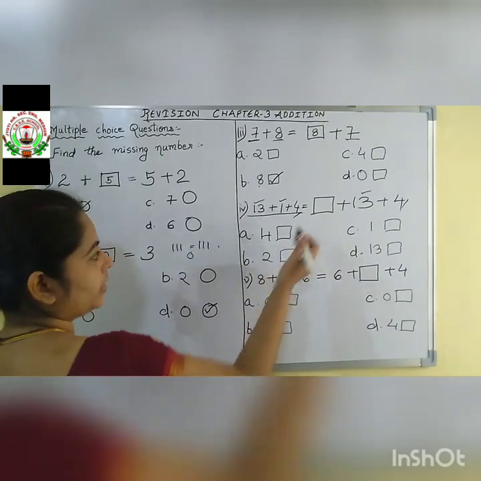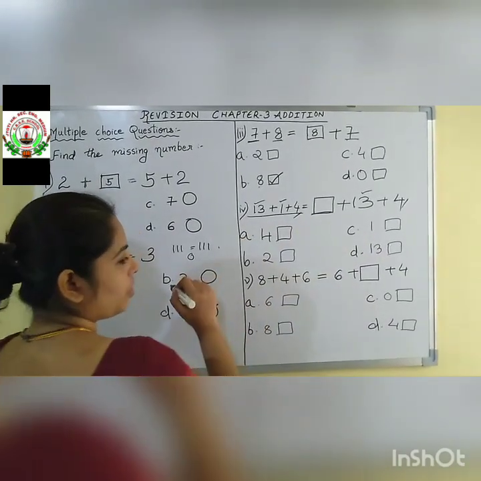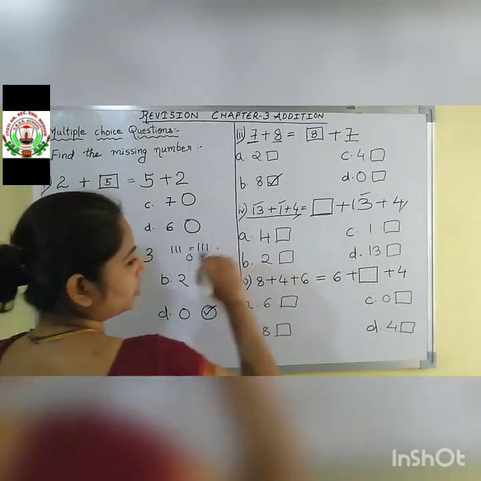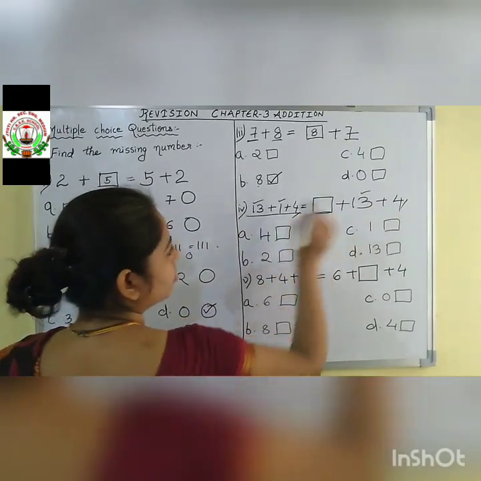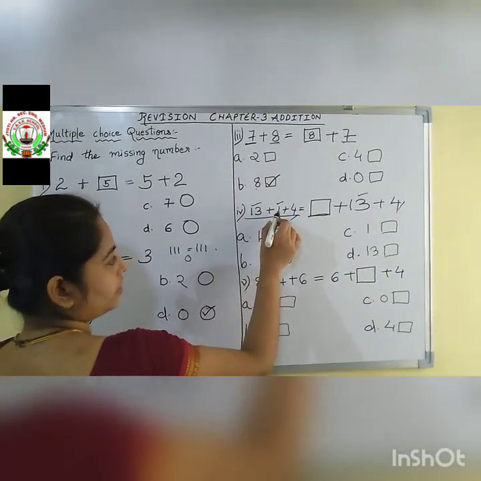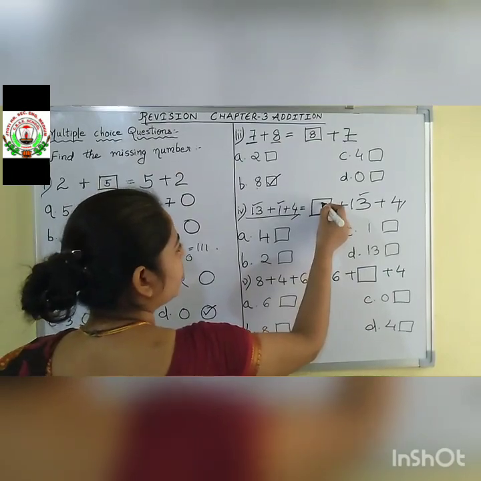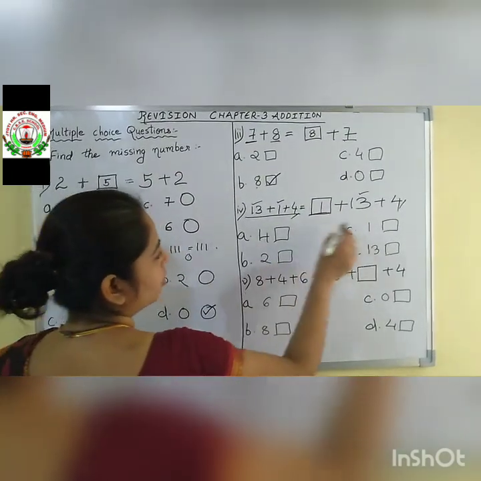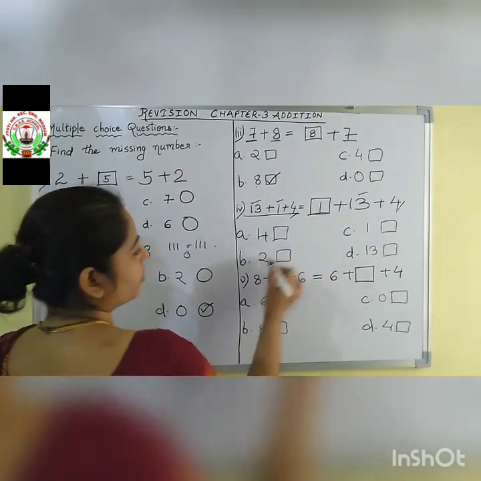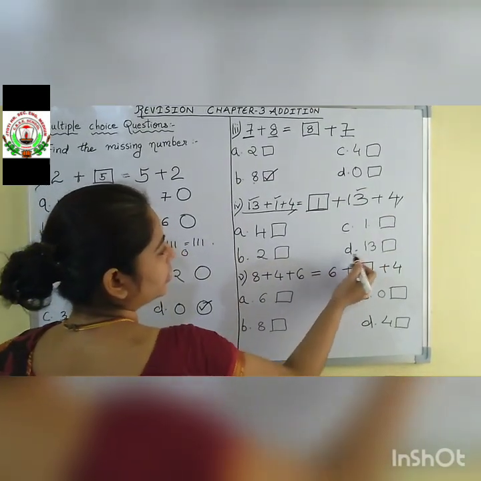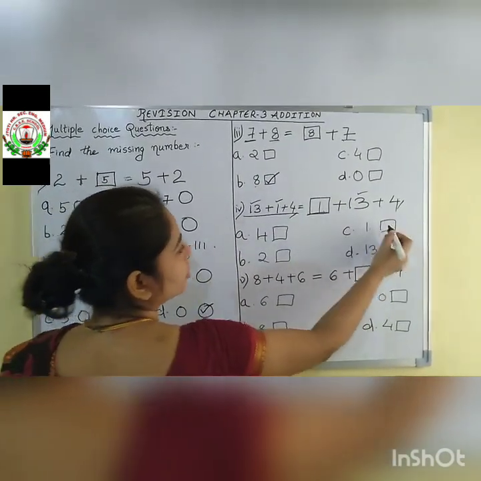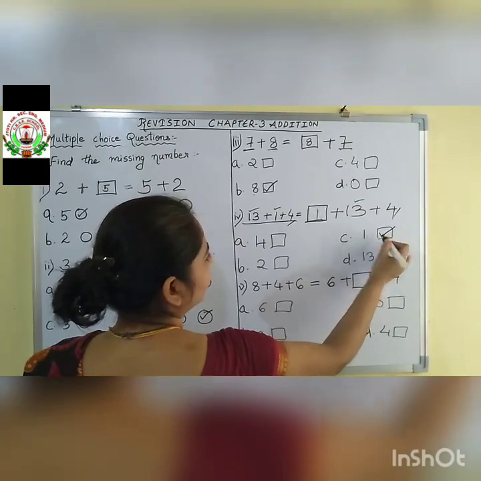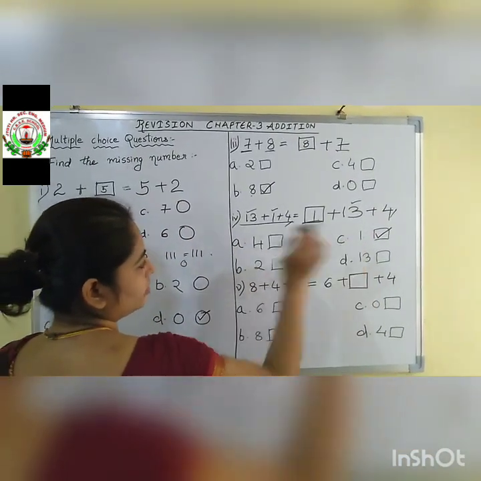So can you tell me which number will come in the box? 13 is present on both the sides. 4 is present on both the sides. Yes, 1 is absent. So we'll put the number 1 in the box, and from the options A 4, B 2, C 1, D 13, yes, 1 is the answer. So we'll put the correct tick mark on option C, that is 1.